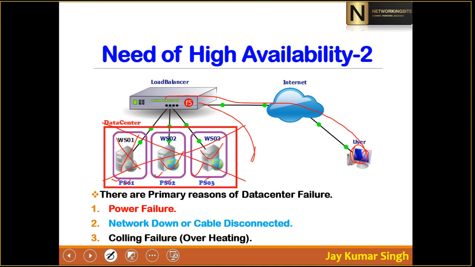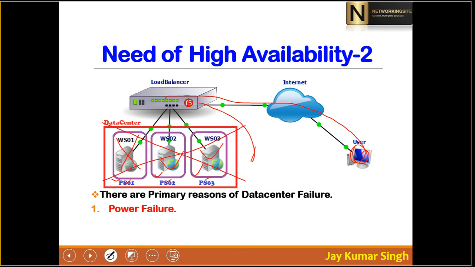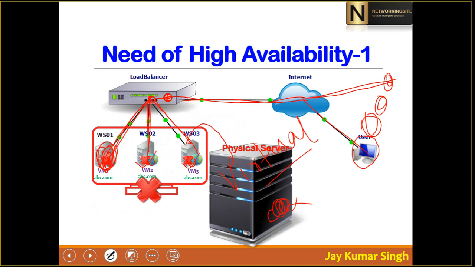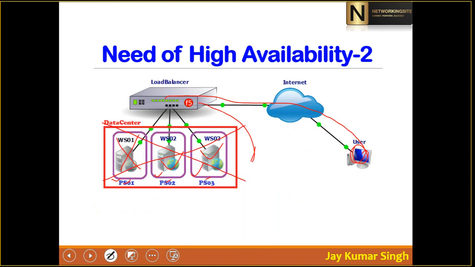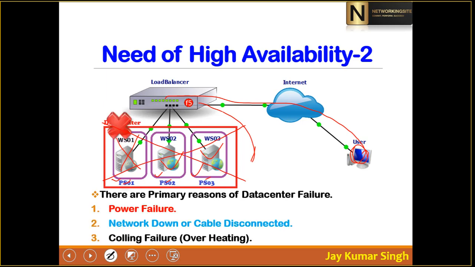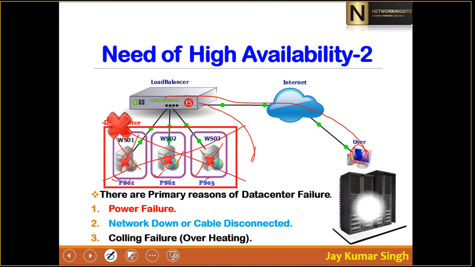Then you'll say, in the first example one single physical machine was down, so we used multiple physical machines, but now maybe your entire data center will fail. In that situation, what will you do?